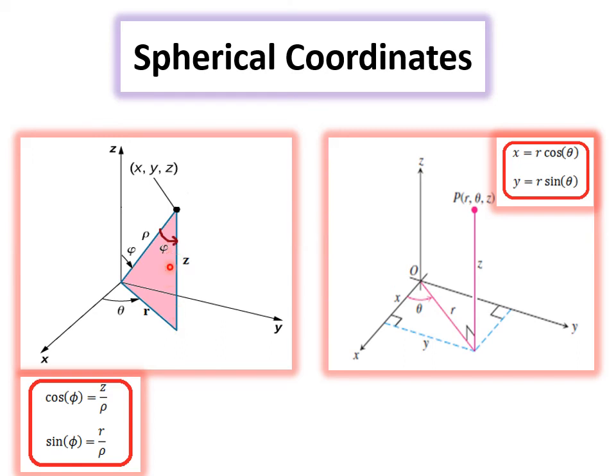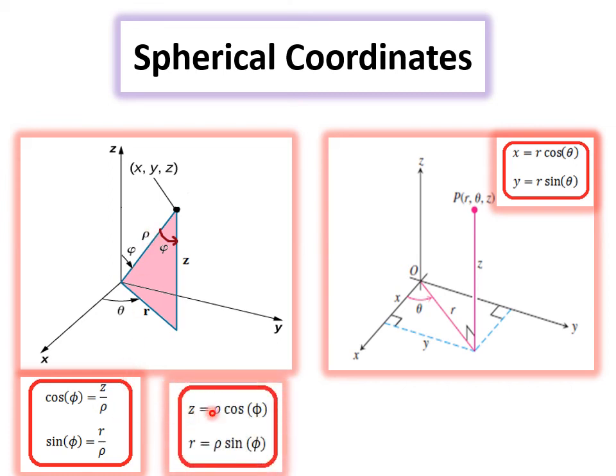Now the angle made between the point P, the projected point P dash and the origin O is 90 degree. So the hypotenuse is rho. So what is cos phi? z by rho. What is sin phi? r by rho. So we got cos phi and sin phi. Rearranging, we will get z equal to rho cos phi, r equal to rho sin phi.